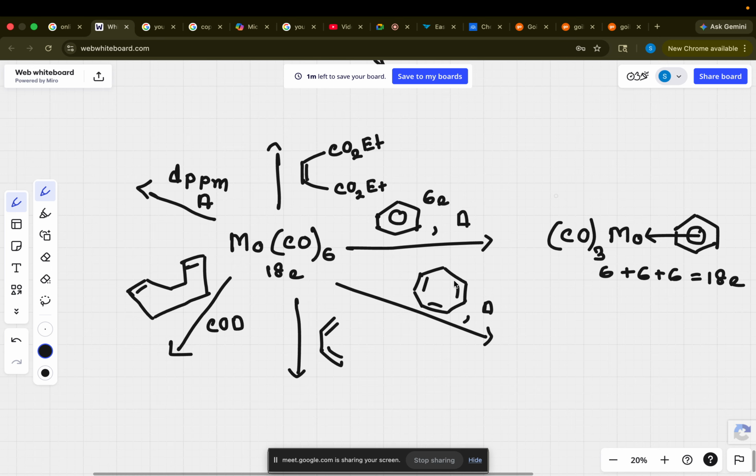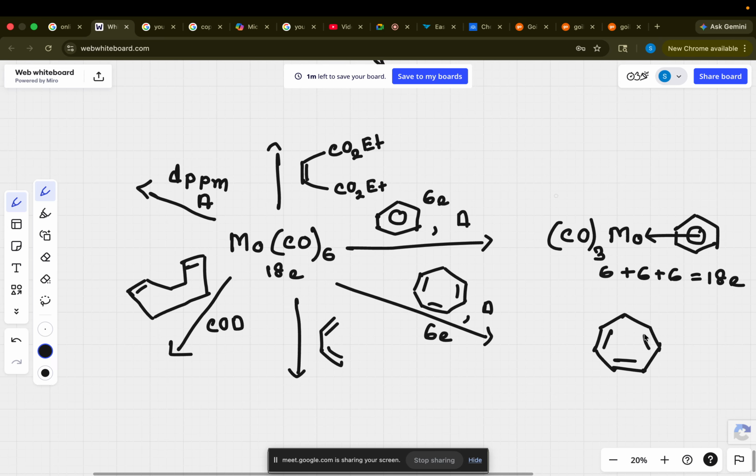Fine. Now suppose you have this ligand, this is your cycloheptatriene. Here also how many electrons do you have? 1 2 3, 6 electrons, right? Again you can show it like this, 1 2 3 4 5 6 7. Here you have one double bond, one double bond, one double bond.